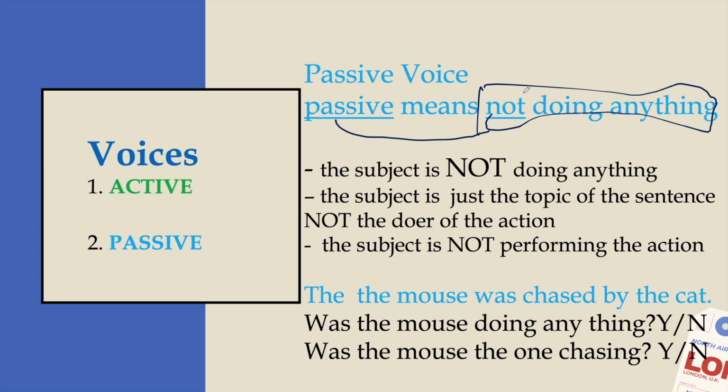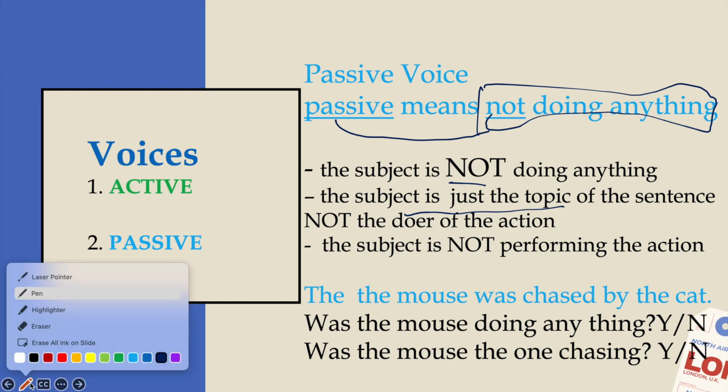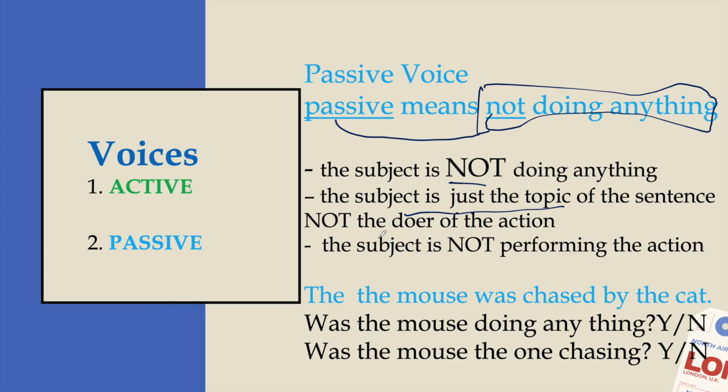So if the voice of the verb is passive, that means the subject is not doing anything. It is not the doer of the action. You are just talking about the subject, but the subject is not acting. That is why it is called passive.